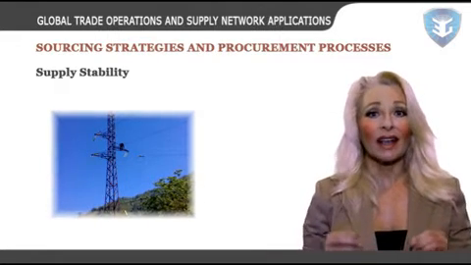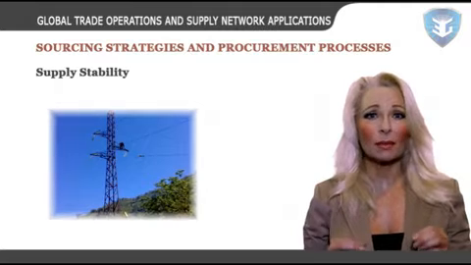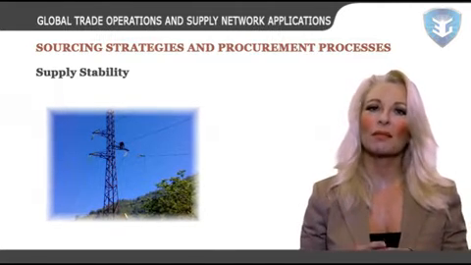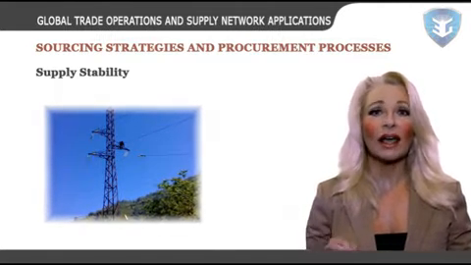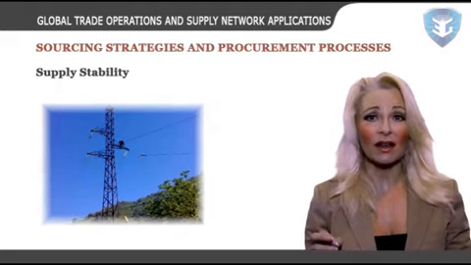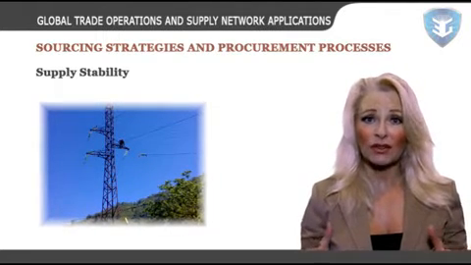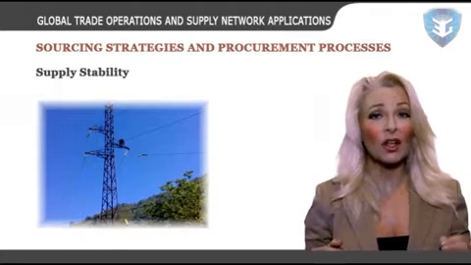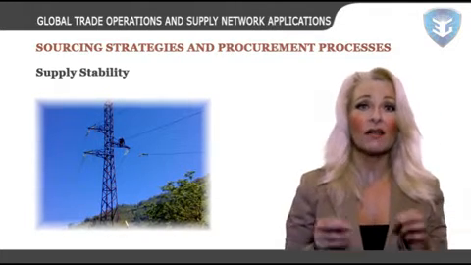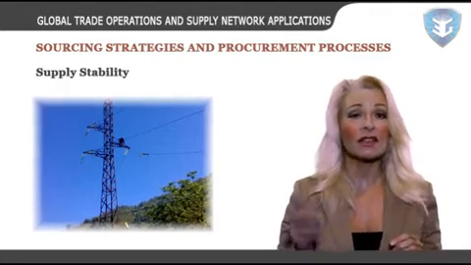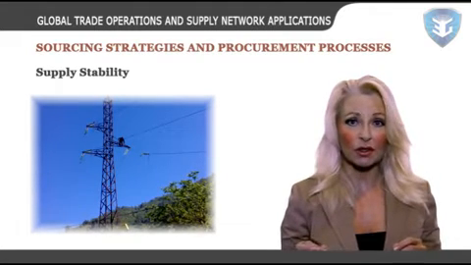Strategic sourcing can help build stable supply partnerships. For example, restaurants rely on their suppliers for key ingredients, such as meat and produce, because a disruption in the quality or quantity of these supplies could affect their ability to serve customers.